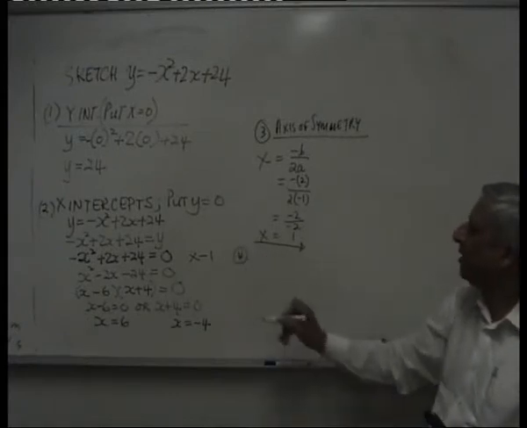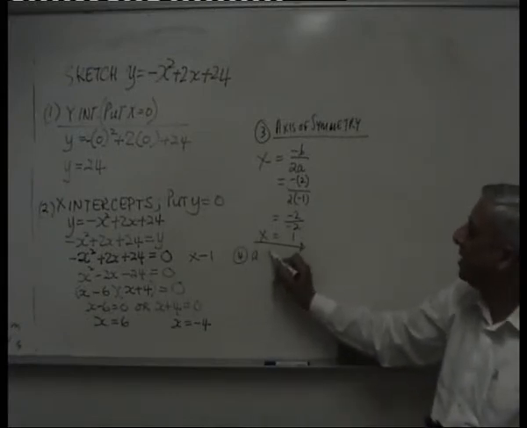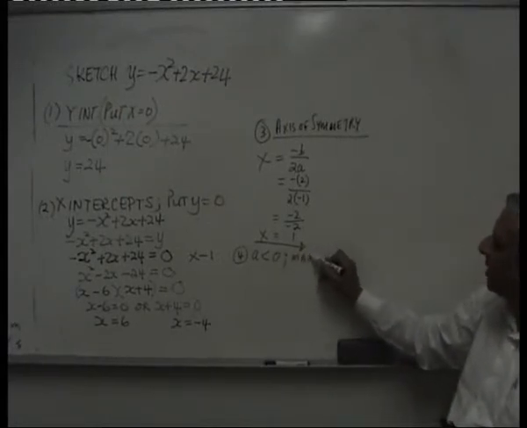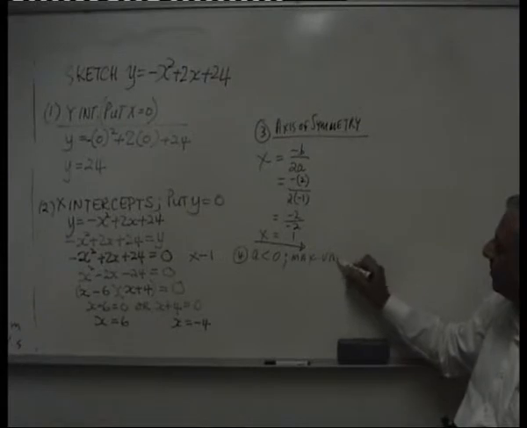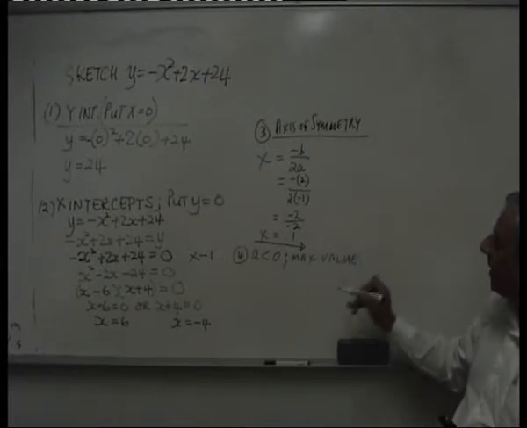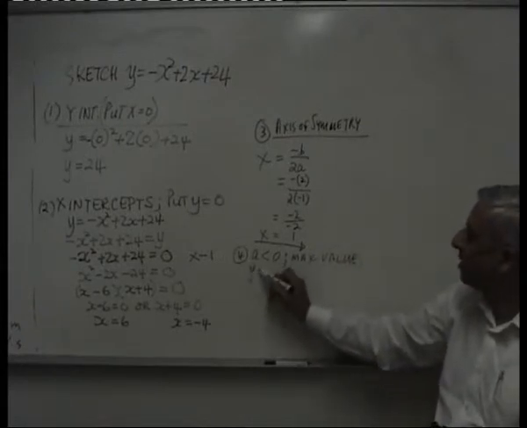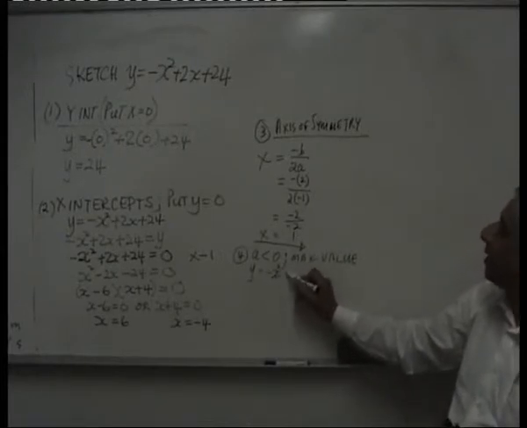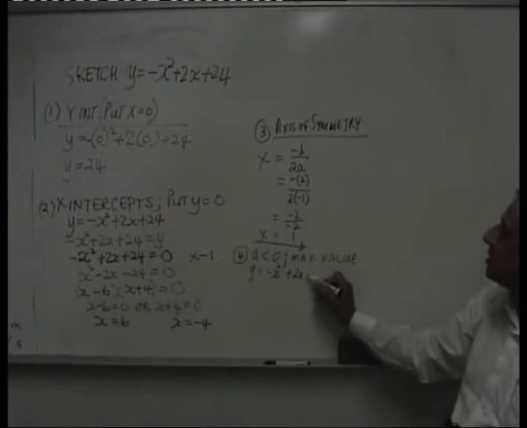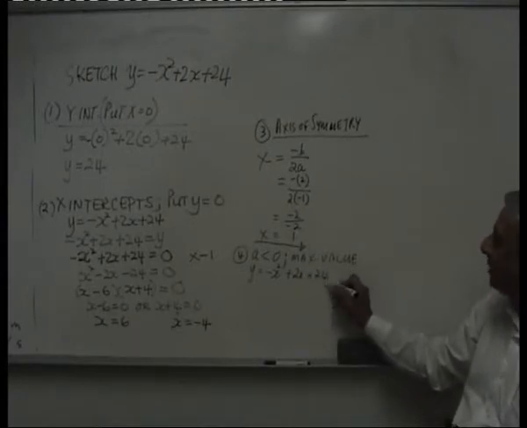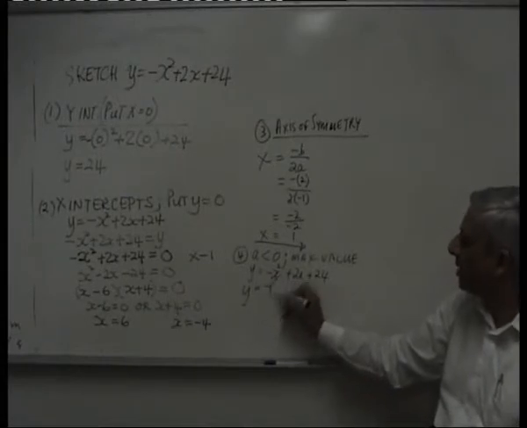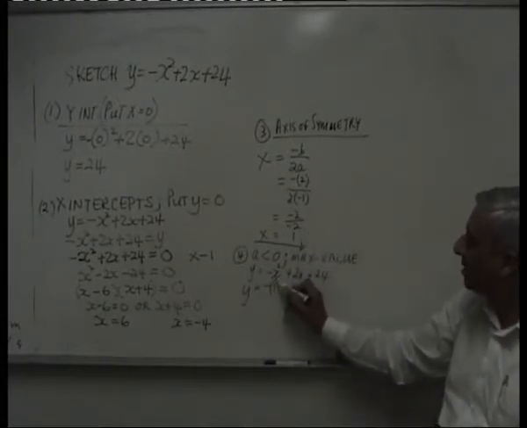And then finally, because a is negative, you are now going to find a maximum value. And how do you find the maximum value? You take the original question, minus x squared plus 2x plus 24, and into it you substitute the axis of symmetry.